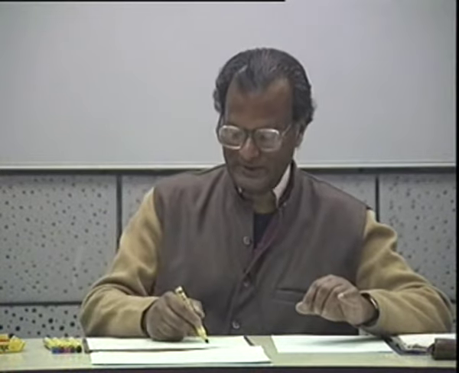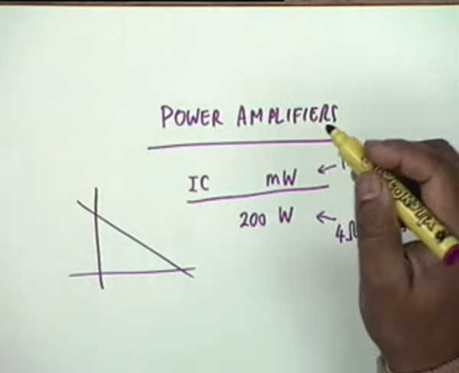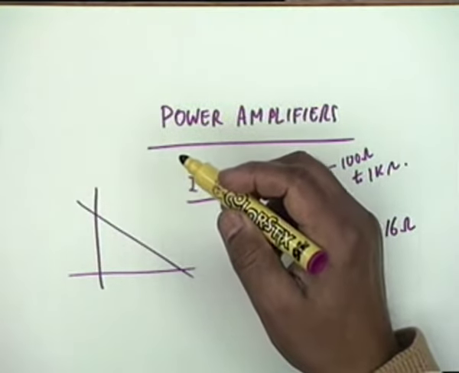Obviously, if you want power, then you shall have to drive large currents through the load, which means that the voltage swing, peak to peak swing, should be as large as possible. And if you refer to the usual load line, the swing cannot exceed VCC, the power supply.